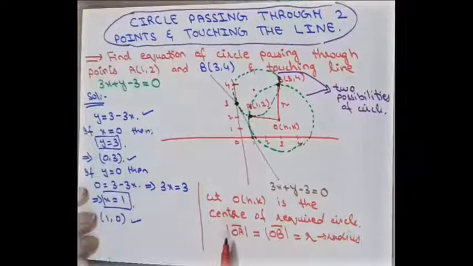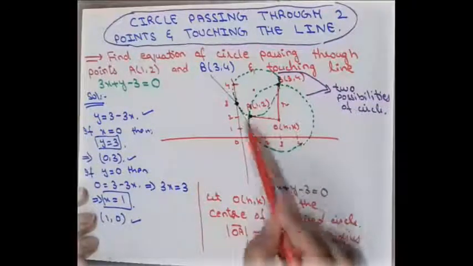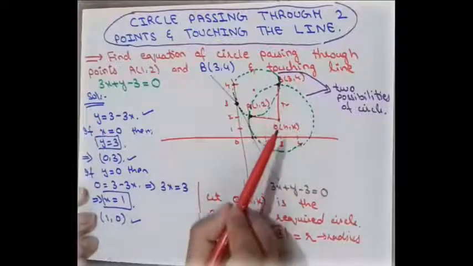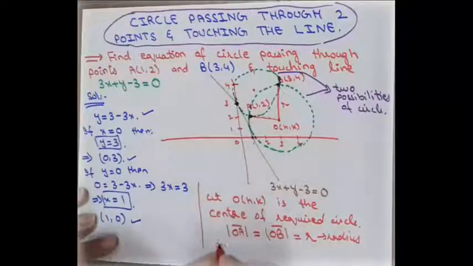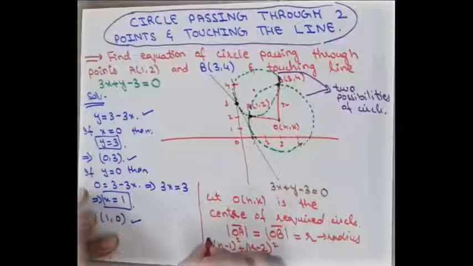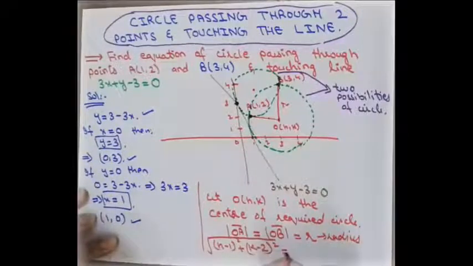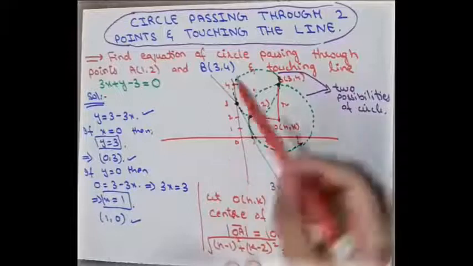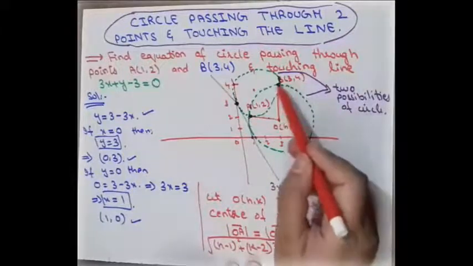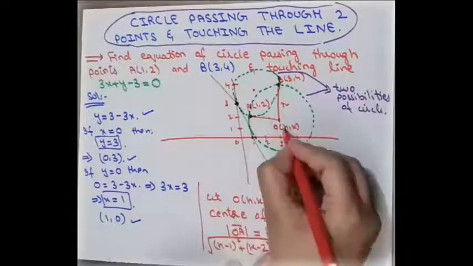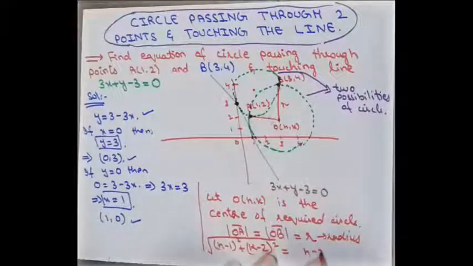To find the distance of the line segment OA, we use the distance formula, which says the square root of (h minus 1) square plus (k minus 2) square equals the distance of the line segment OB, using the formula, the square root of (h minus 3) square plus (k minus 4) square.